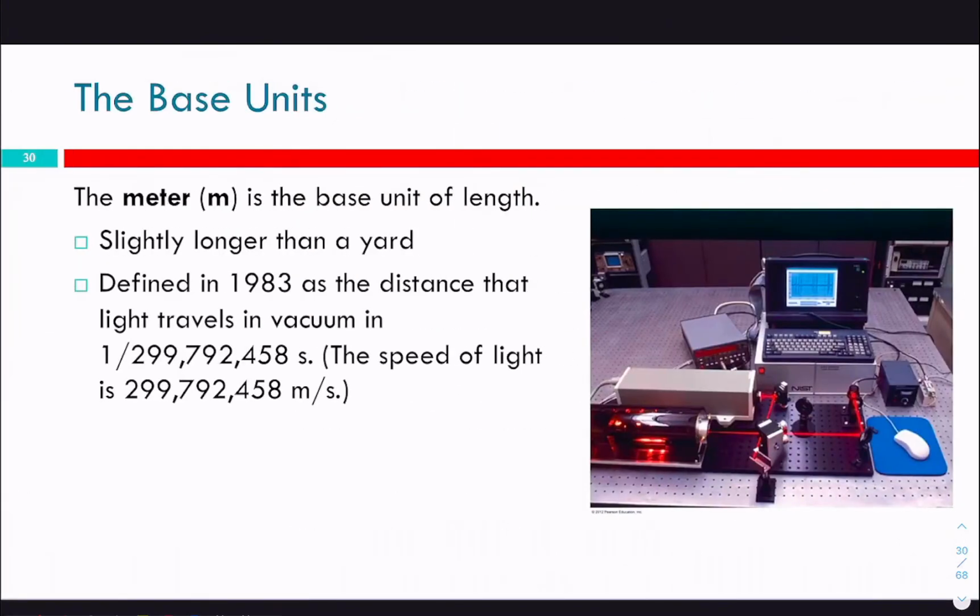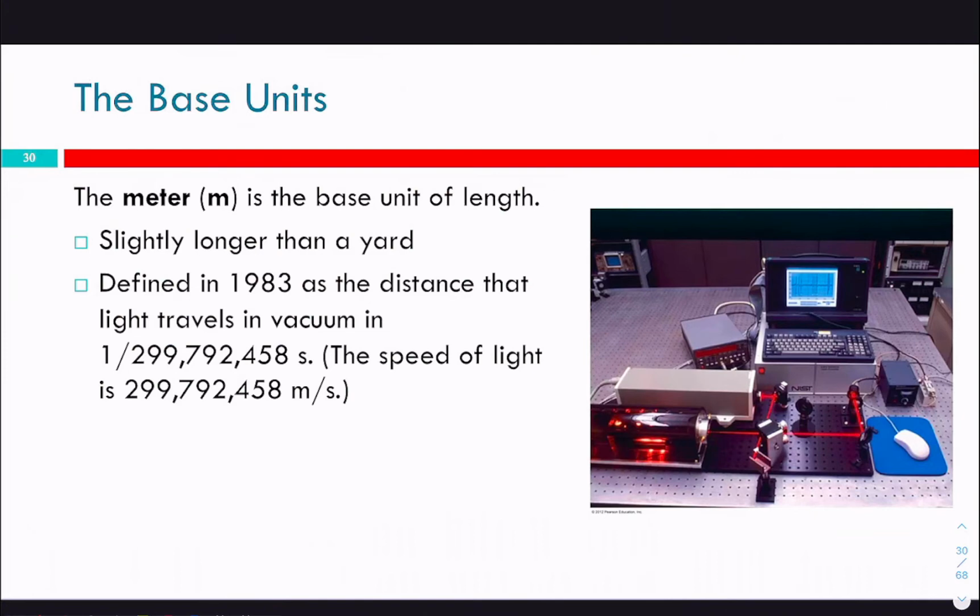The other important thing about metric units is they're based on universal constants. So the meter is defined as the distance that light travels in a vacuum in 1/299,792,458 of a second.